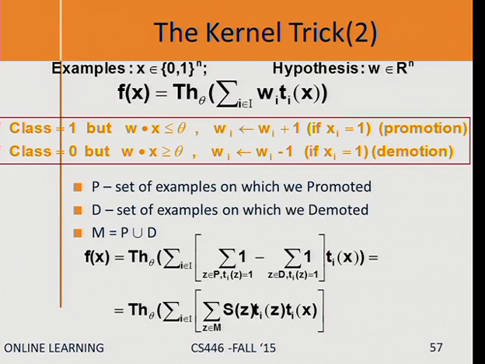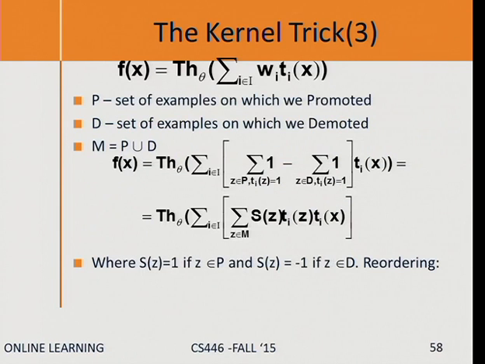Just rewriting it, I'm going to call S(z) plus or minus 1, depending on whether I'm in P or in D. And this is just t_i(z). If it's 1, it contributes something to the sum. If it's 0, this element will not contribute anything to the sum. And this is just rewriting it.